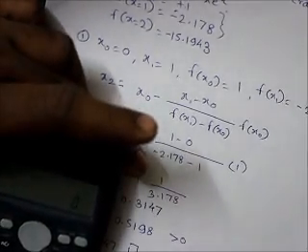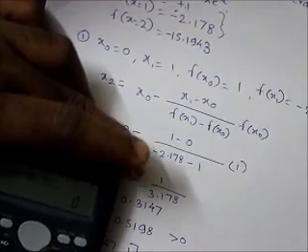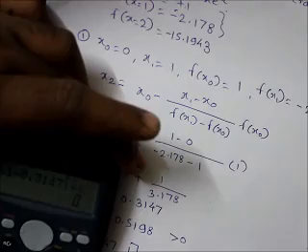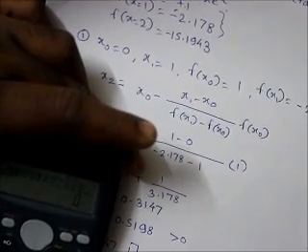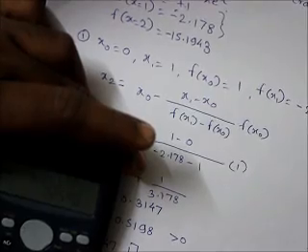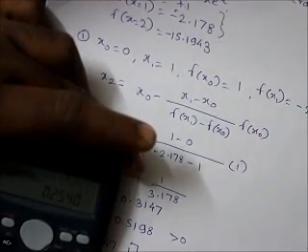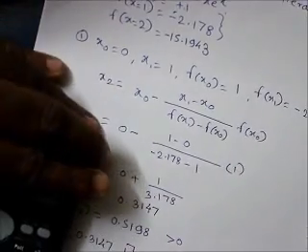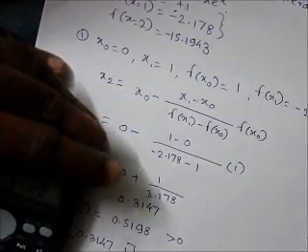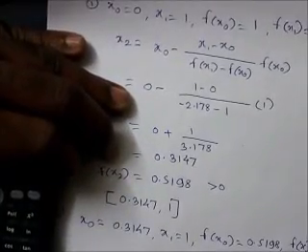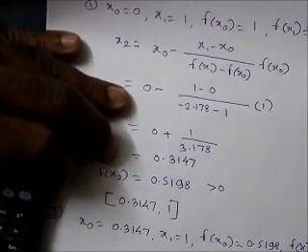I think, yeah, that's correct. 1 minus 0.3147 divided by 2.178 plus 0.5198, so it is multiplied by 0.5198 plus 0.3147, which is 0.4467. Sorry about that.